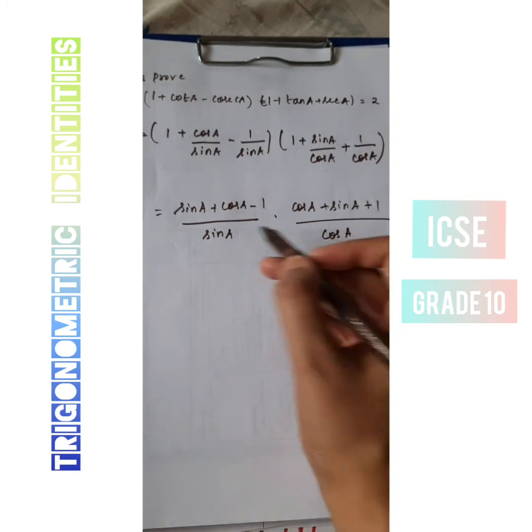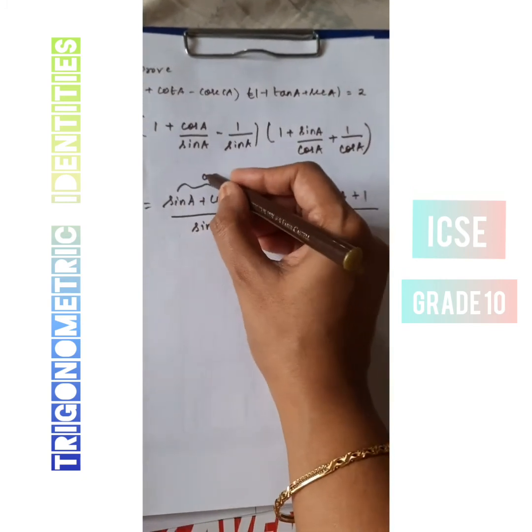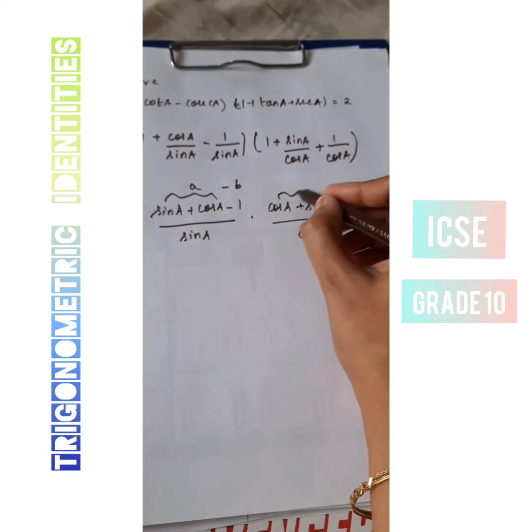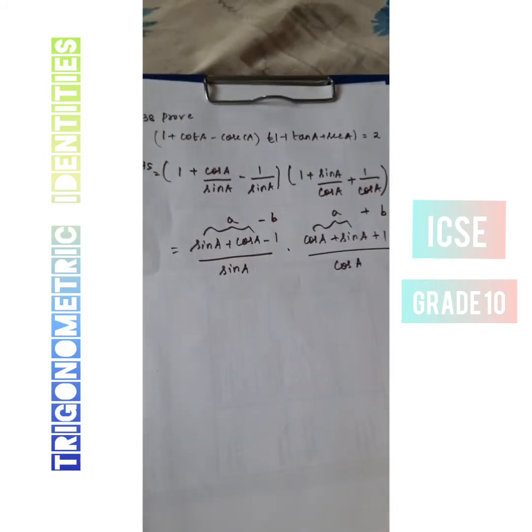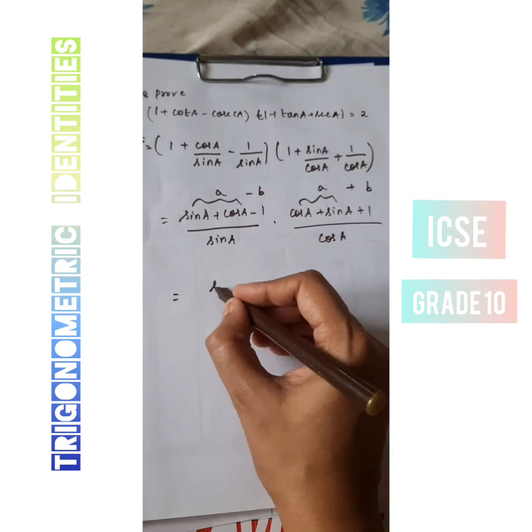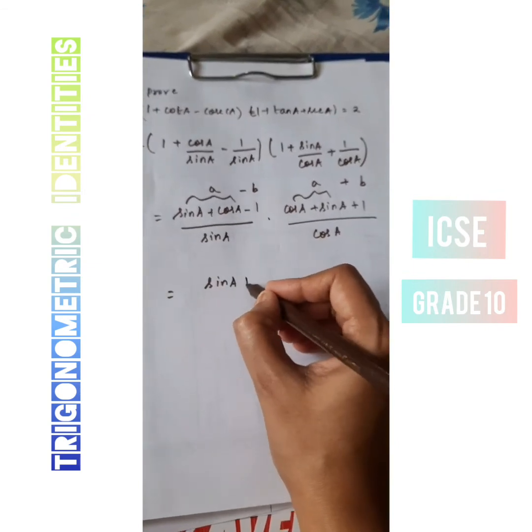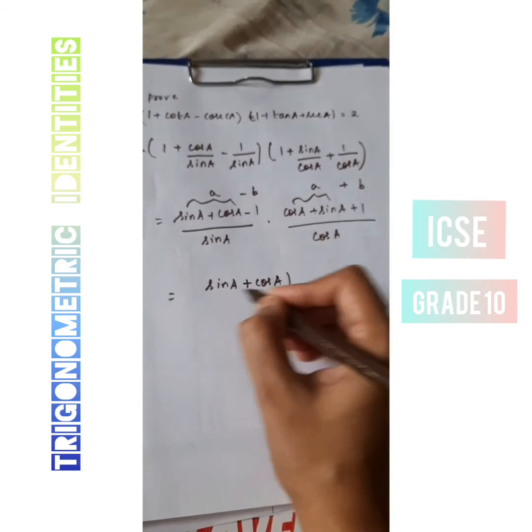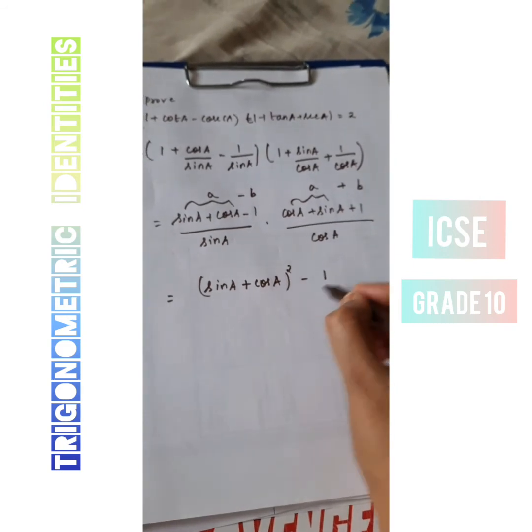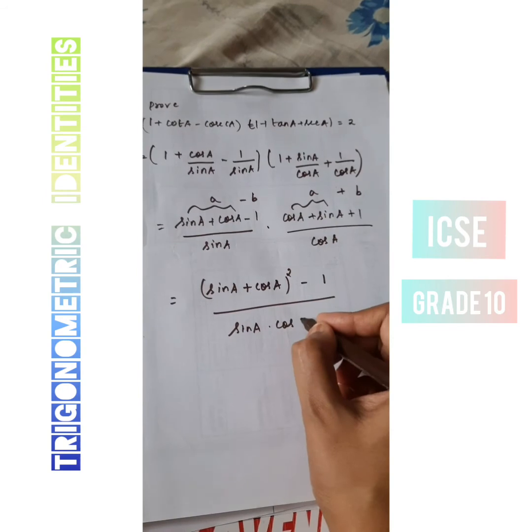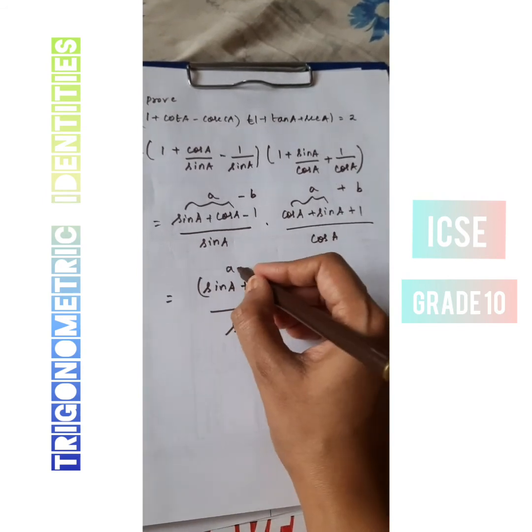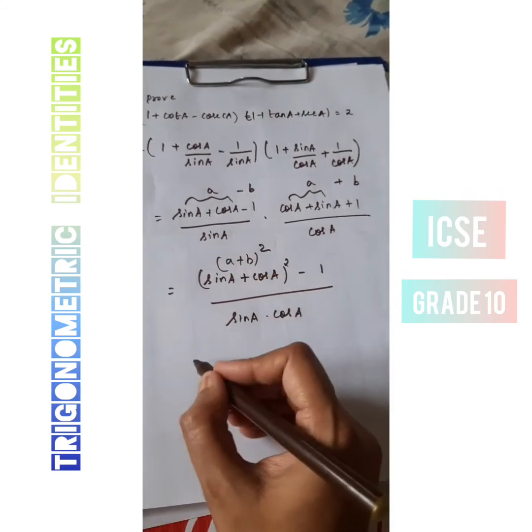Here if you see sin A plus cos A as A and 1 as B, it is again of form A minus B and A plus B, which is A square minus B square. So sin A plus cos A whole square, that's A square minus 1 by sin A into cos A. So this is of form A plus B whole square.